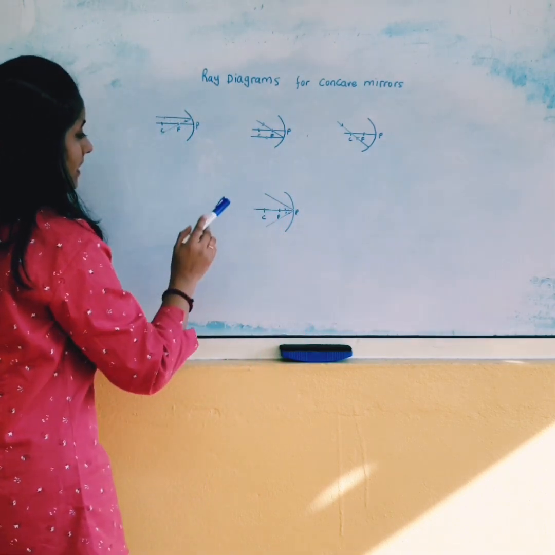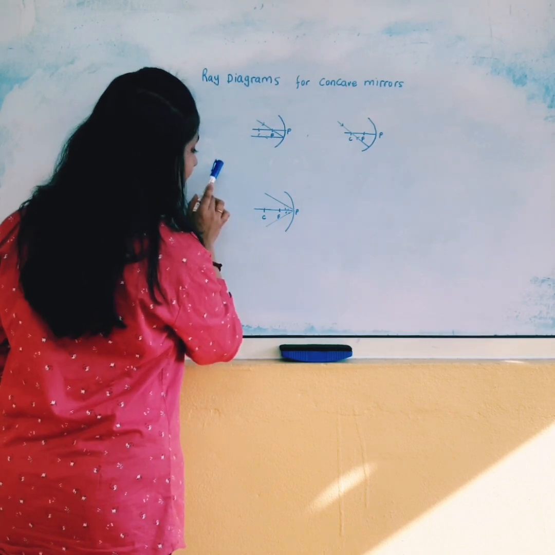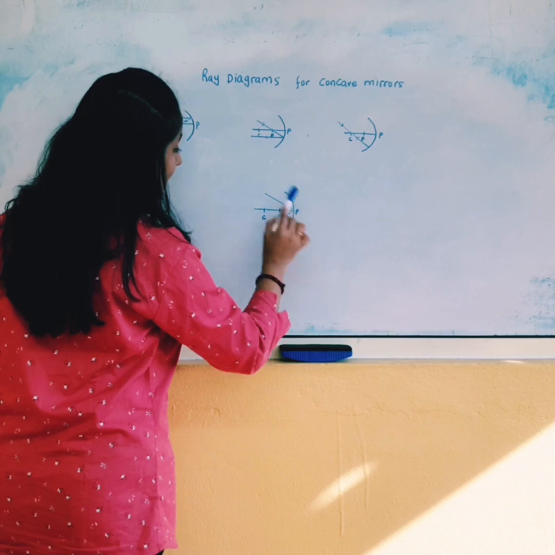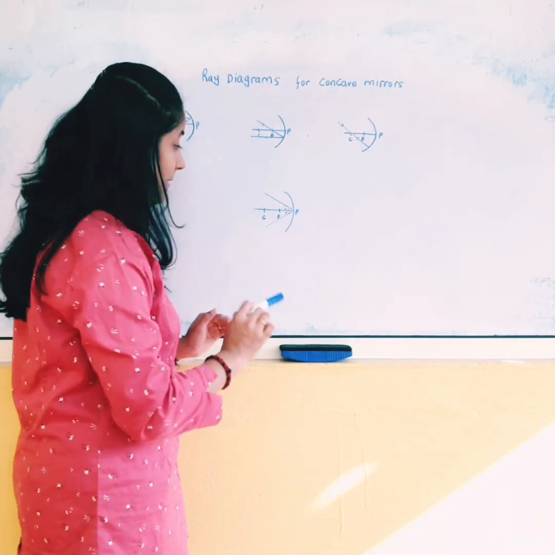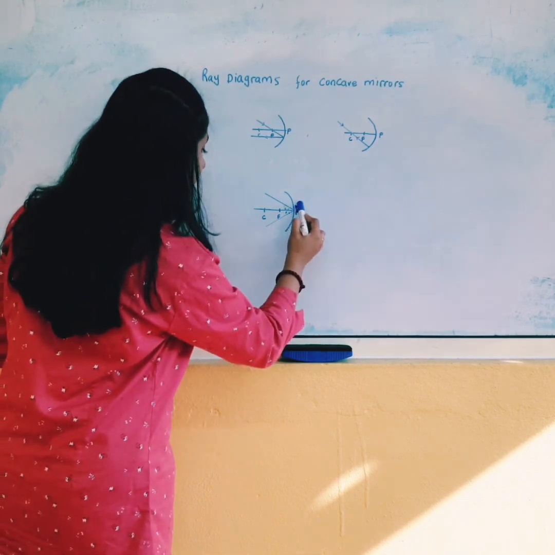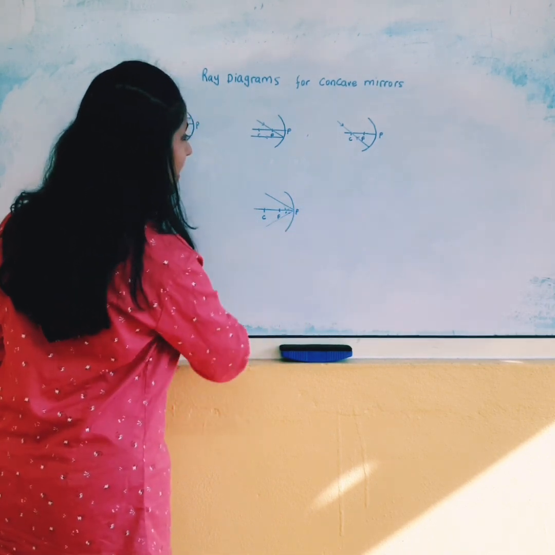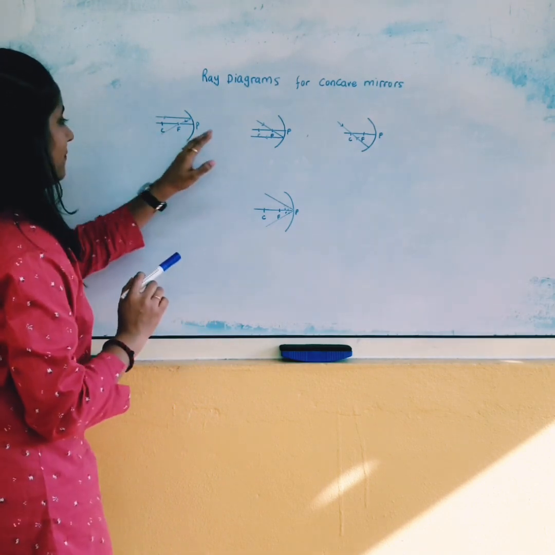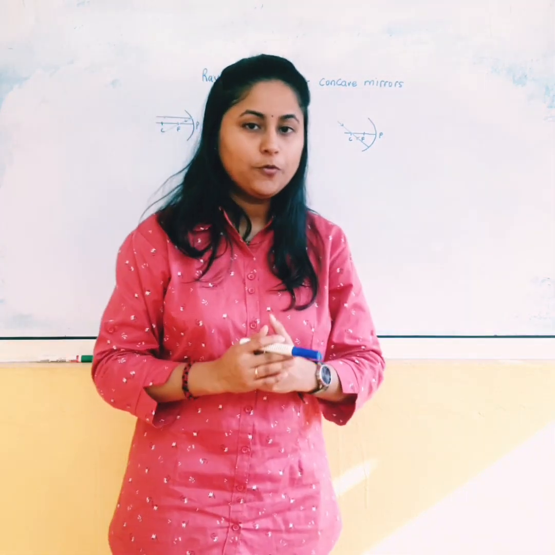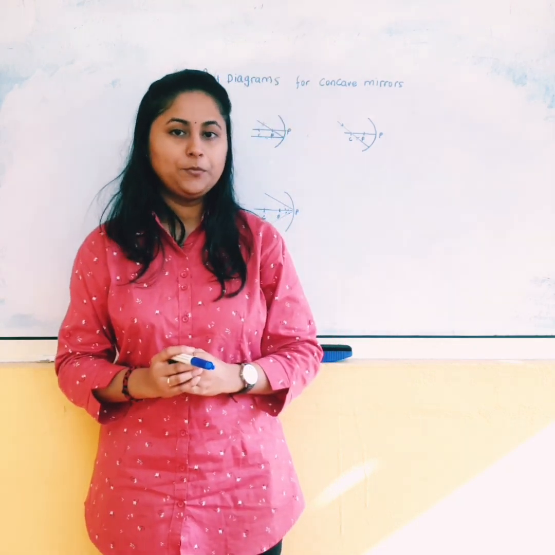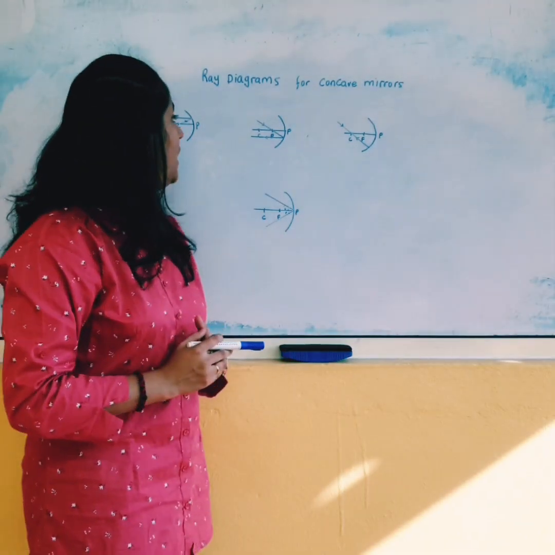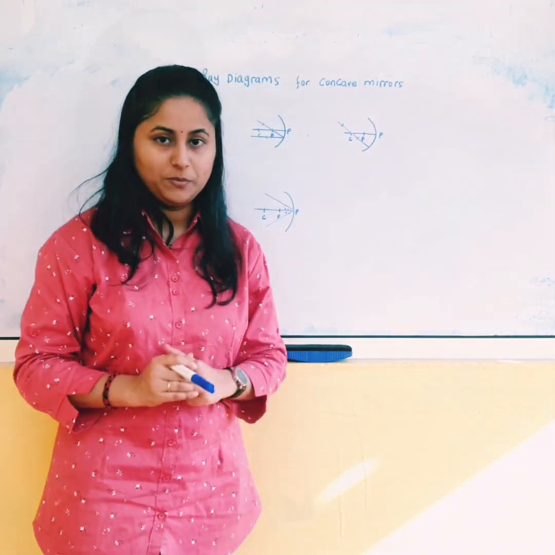Last case is when the incident ray falls on the pole. It follows the law of reflection, whereby the angle of incidence is equal to the angle of reflection, and on reflection it follows this path. So these are the 4 ray diagrams you need to learn first before we go for image formation by concave mirror.